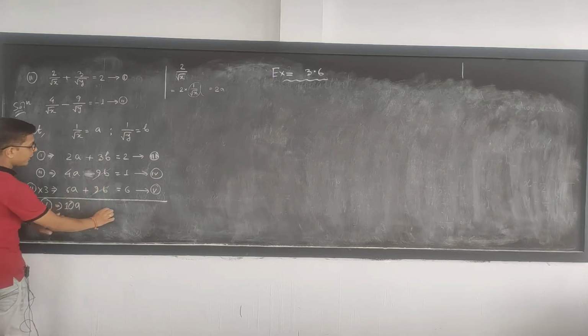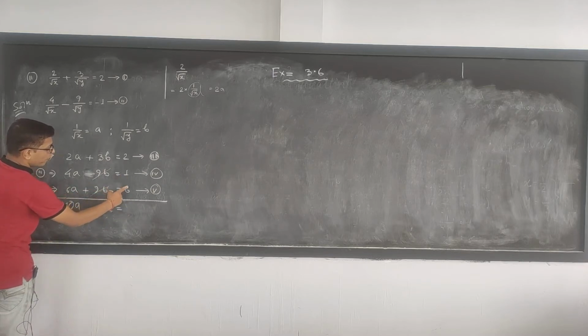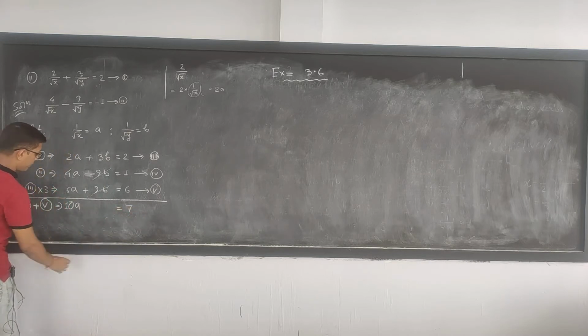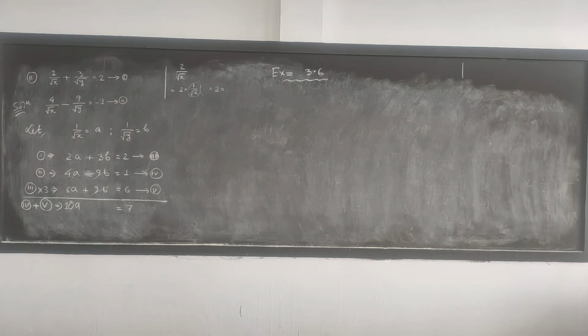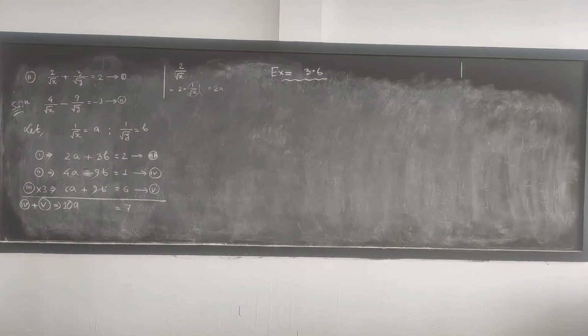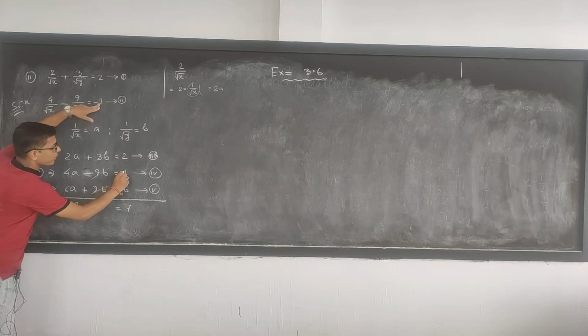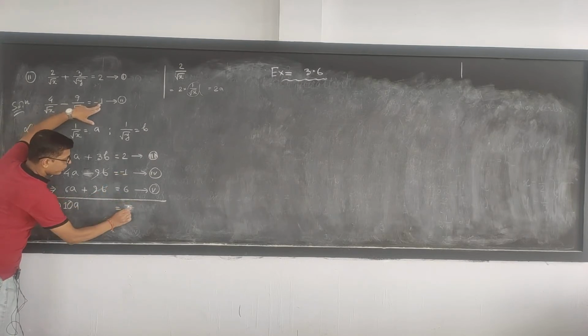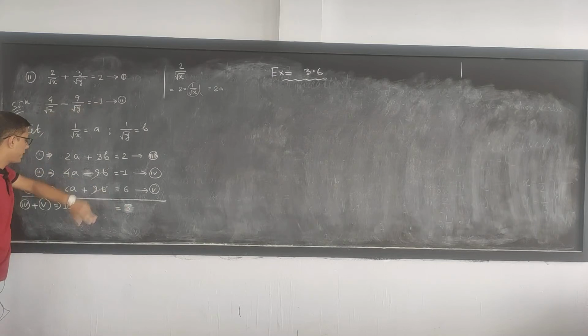You need not write anything here. And minus 1 plus 6, oh wait, that was minus 1. Yes, look at this, it is minus 1. So if you add it, it will be 5 only.